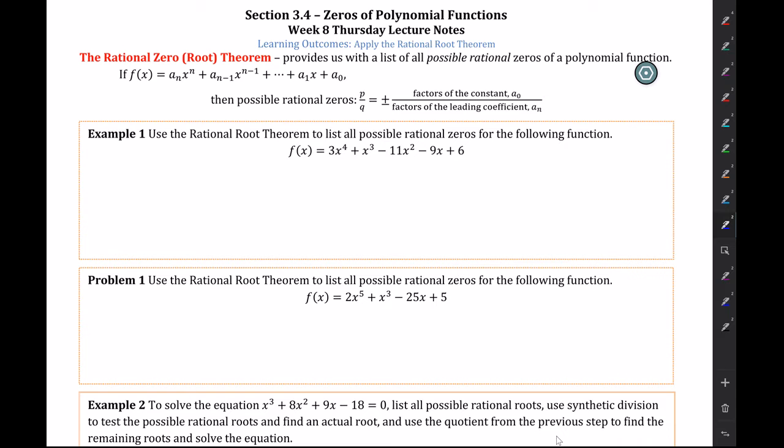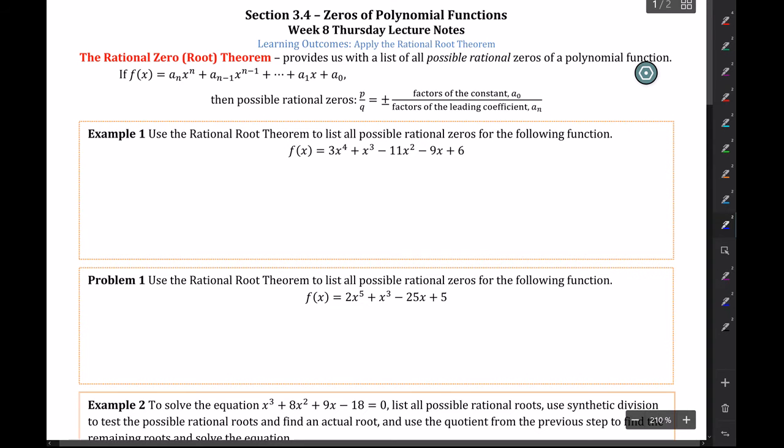So the rational root theorem, or the rational zero theorem, says that if you're given a polynomial of this form, f of x is some sum of powers of x, then to find the rational roots, all you have to look at is two parts of this: the constant term and the leading coefficient.